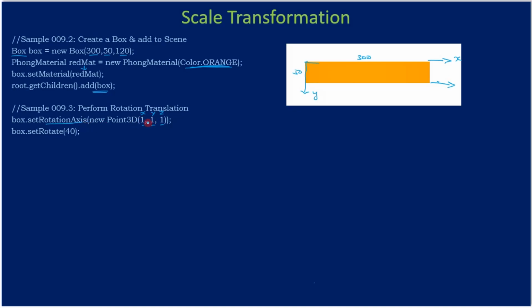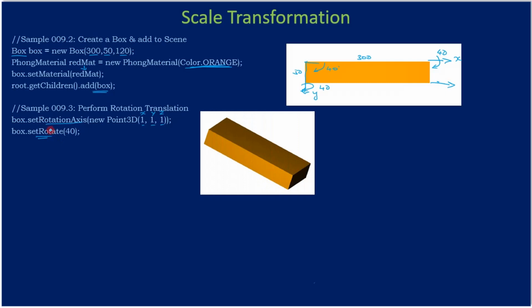Here in this case, if you see, the box will be rotated about X-axis 40 degree. Then about Y, it will get rotated 40 degree, and about Z, it will be rotated 40 degree. So all three rotation takes place with the set rotate method. Here if you see, the object is rotated in all three axes.